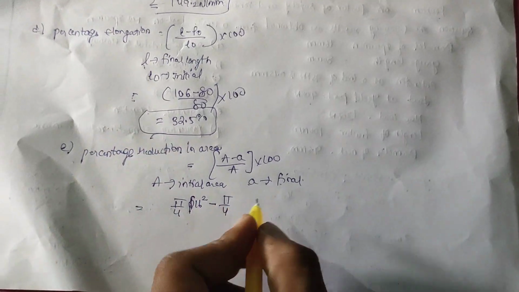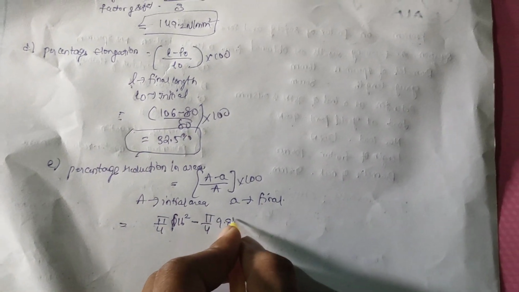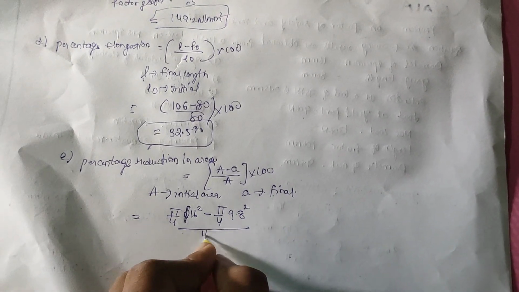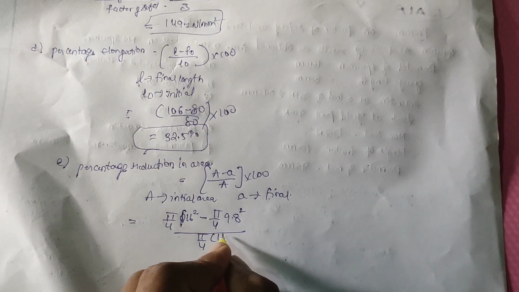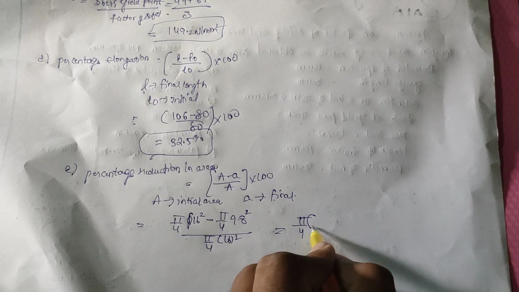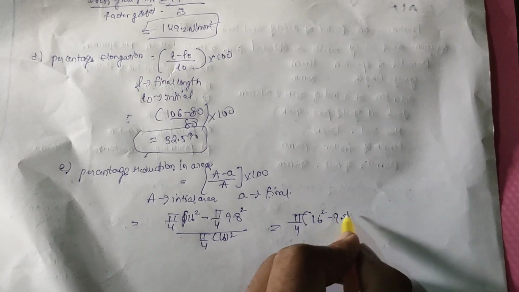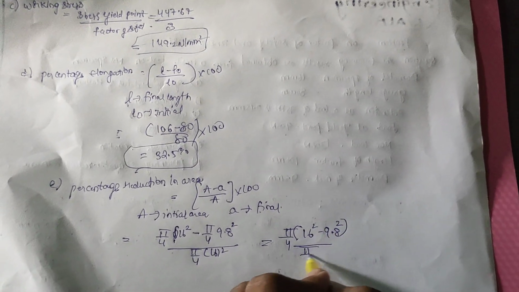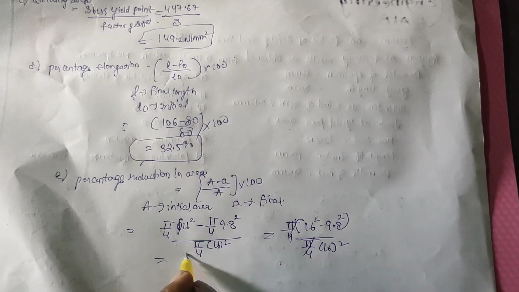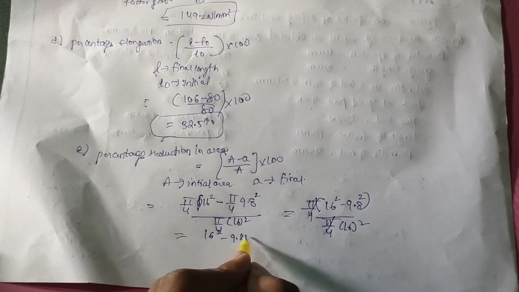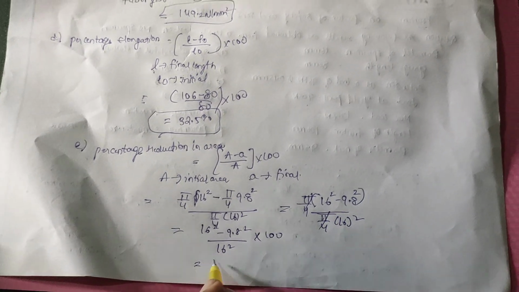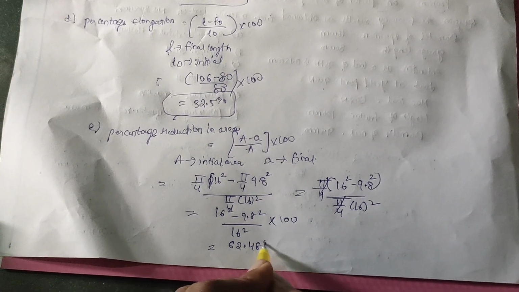Taking pi by 4 common and cancelling it, we get 16 square minus 9.8 square by 16 square into 100. So we will get 62.48 percentage.